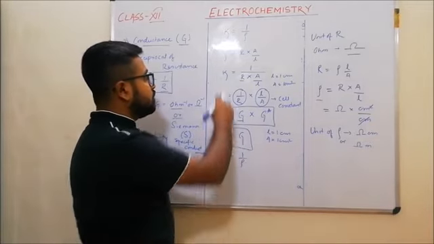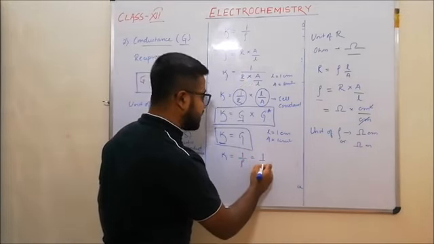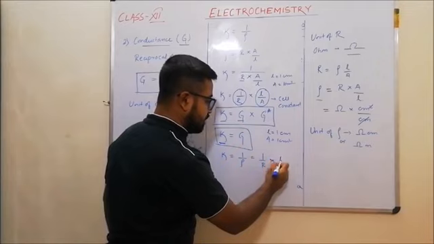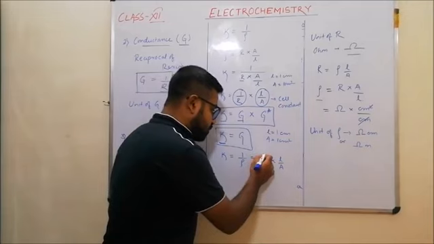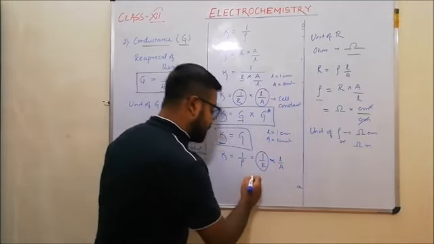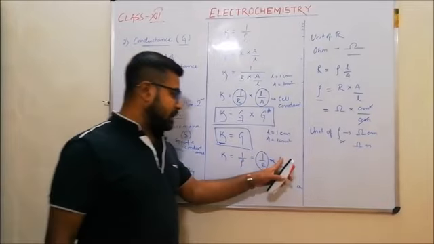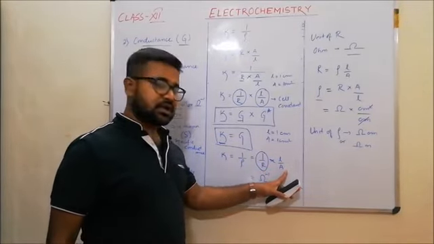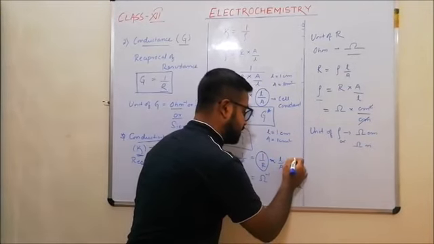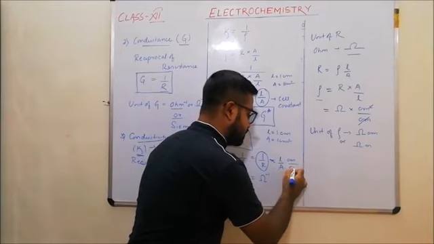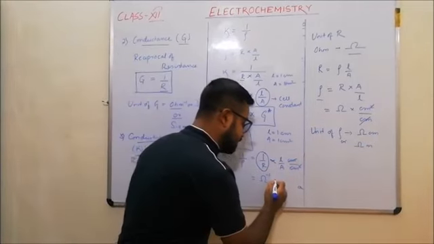And rho can be written like this, that is 1 by R into L by A. So what do we get? 1 by R means ohm inverse. And length is centimeter, area of cross section is centimeter square. This is centimeter and this is centimeter square. So what happened? One of the centimeter will be cancelled out. So 1 by centimeter means centimeter inverse.